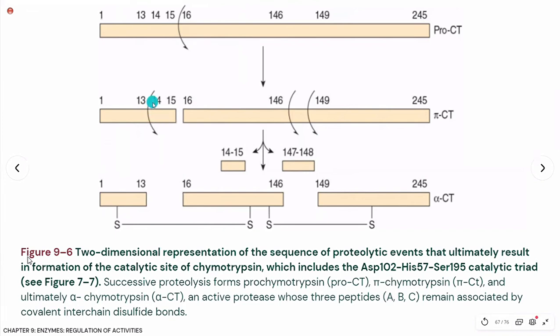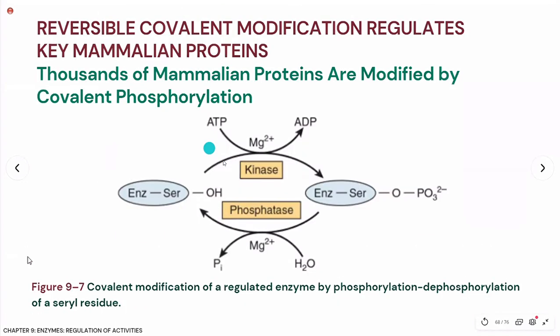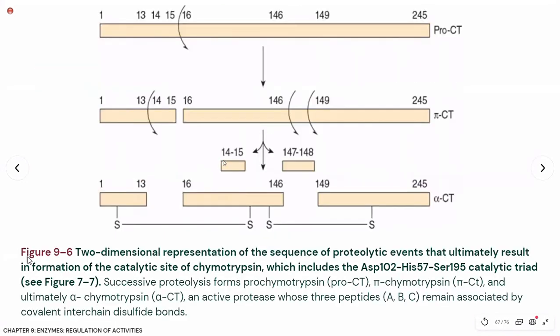And then you cut this off, so that becomes amino acid 14 and 15 here. So this now has three big pieces. The two small pieces are this one and this one.